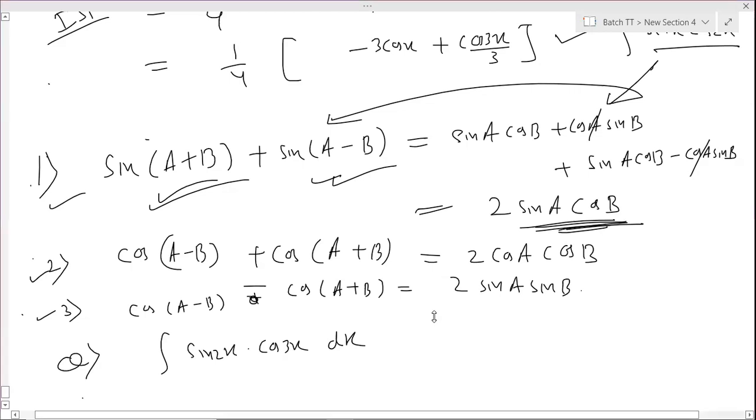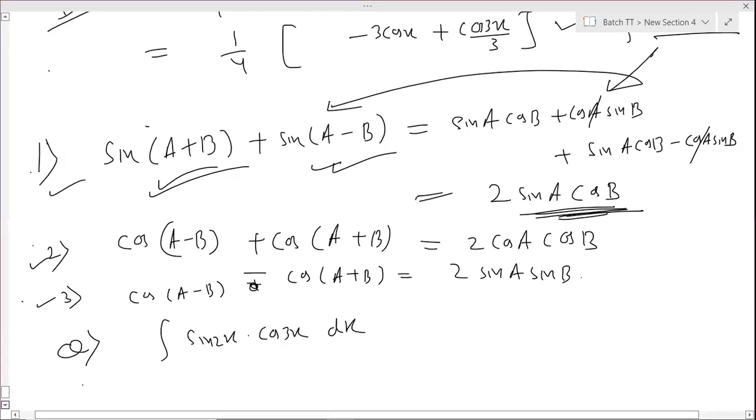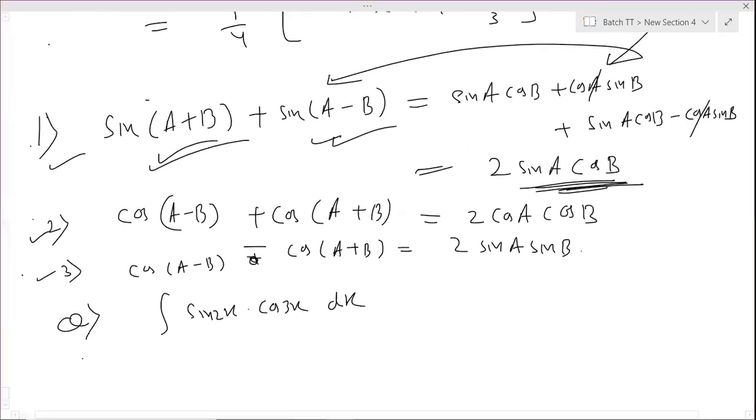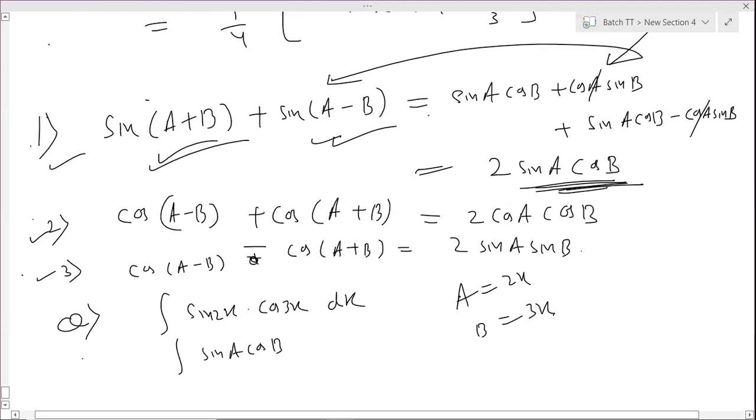See, this question is very simple. Here the value of A is 2x and B is 3x. So this is integration of sine A cos B. So this formula you can use, but you need a 2 here. So we can multiply by 2 and divide by 2.